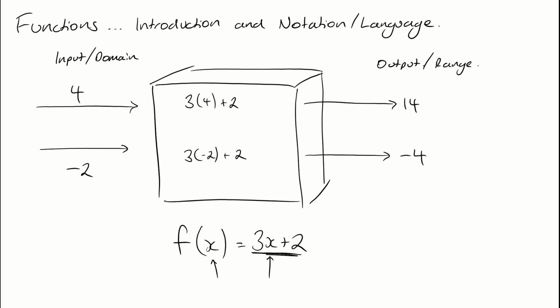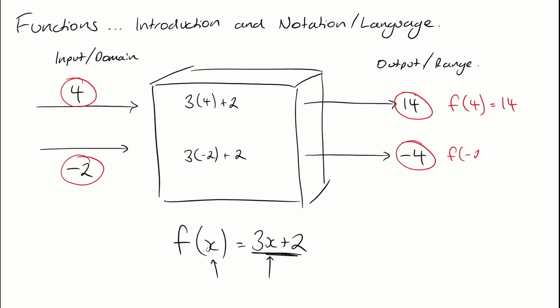In notation, for the top example, we would say that f of 4, in other words, if I give Francis's machine the number 4, it gives me an output of 14. So that's the notation that we use there. Likewise, for this one here, if I give Francis the number -2, he'll pop it into his machine and give me the number -4 back.